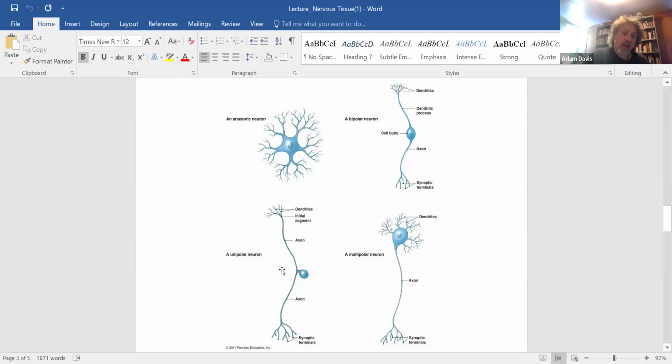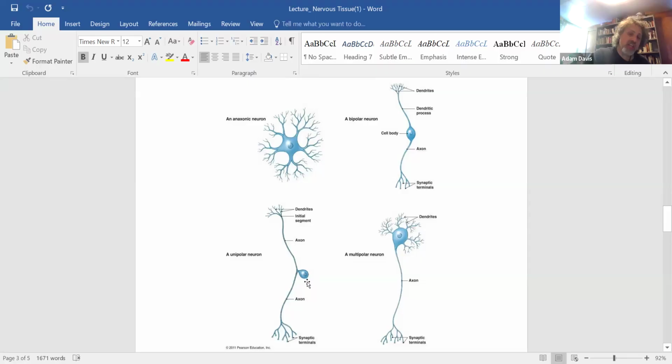Now here we're going to find another neuron structure. This is a unipolar neuron. Now, a unipolar neuron, if you want to be pedantic, is sometimes called a pseudo-unipolar neuron because technically it does have two nerve fibers. There is a dendrite and an axon, but the dendrite and the axon fuse together during their embryonic development.